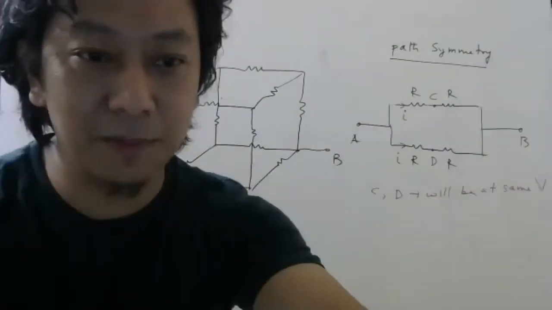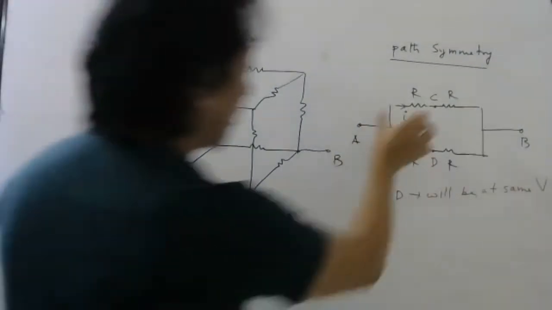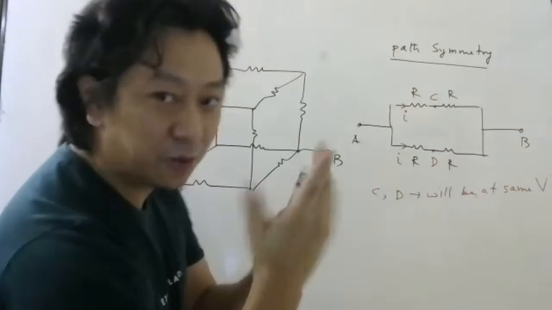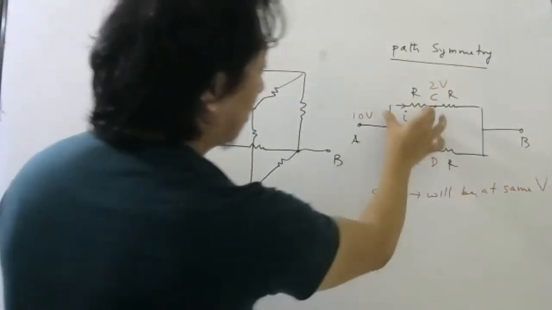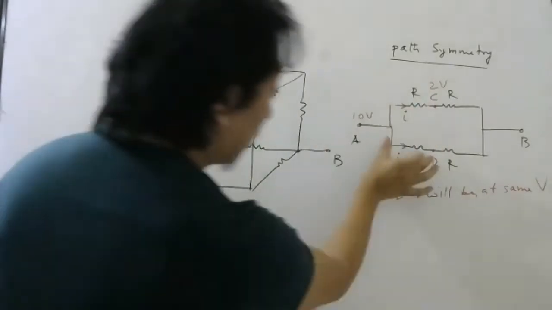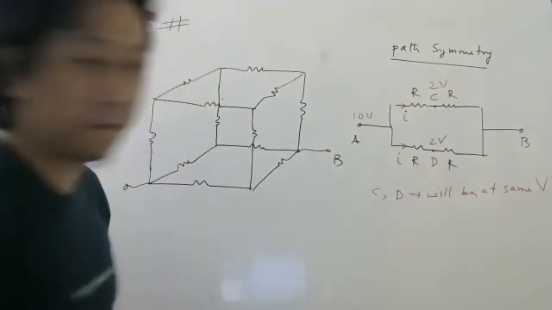Why, sir? Why same potential? Because potential difference here and here should be same, students. Matlab, if this is 10 volt, this is 2 volt. What is the difference here? 8 volt. So here also it should be 8 volt. That means this also should be 2 volt.